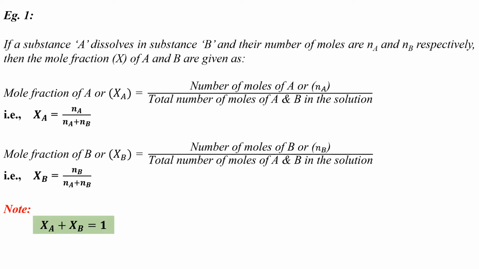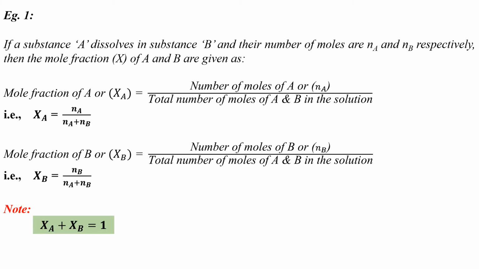How can we calculate the mole fraction of A? Mole fraction of A can also be written as capital X subscript A. It is equal to number of moles of A, which can also be written as small n subscript A, divided by total number of moles of all the components in the solution.